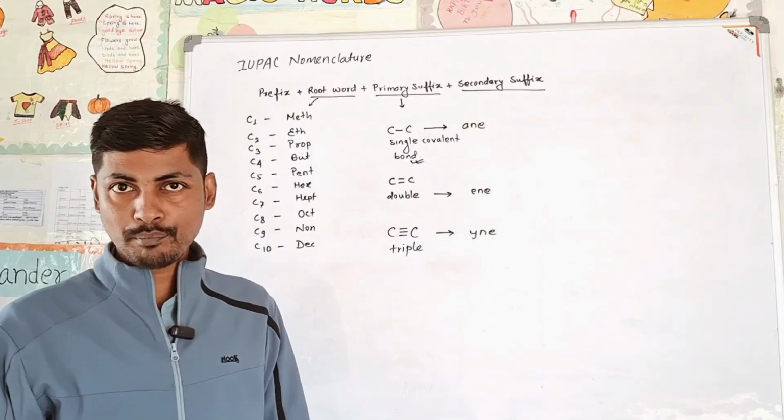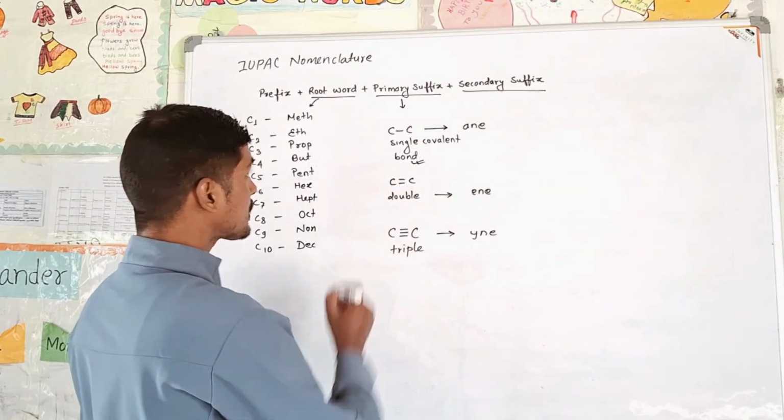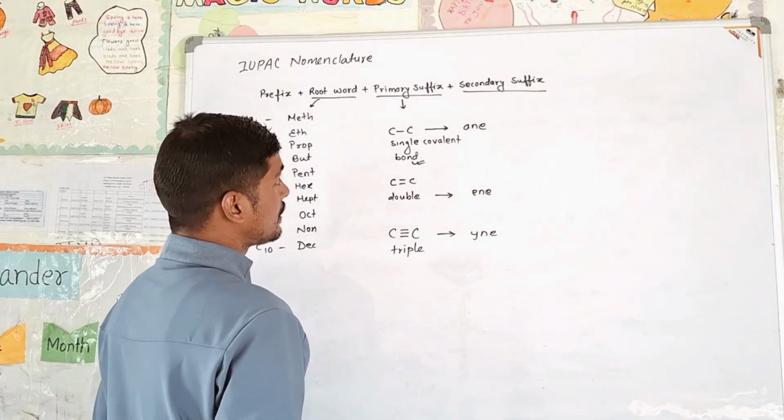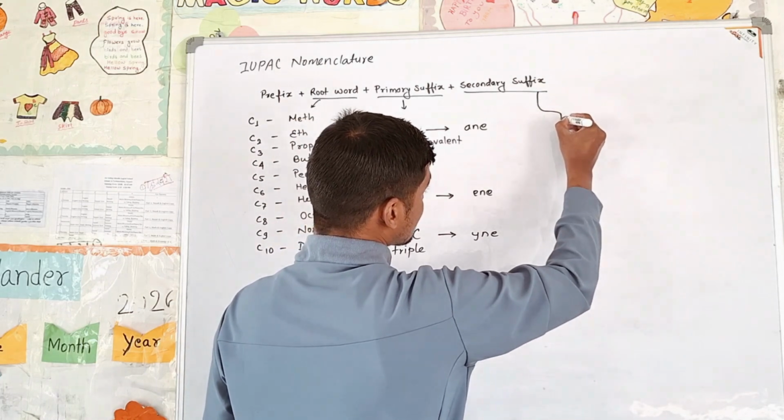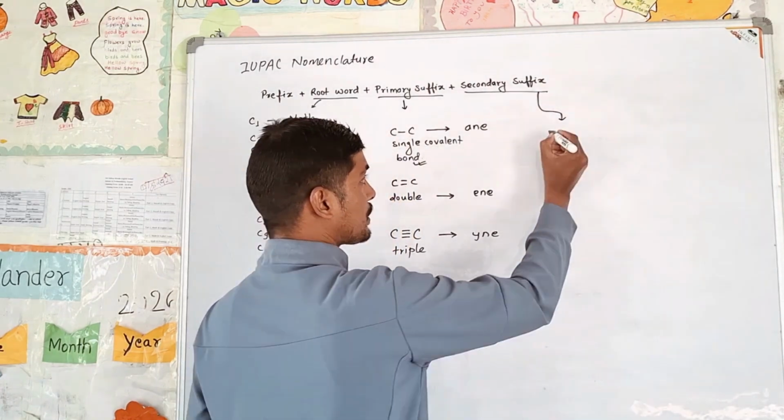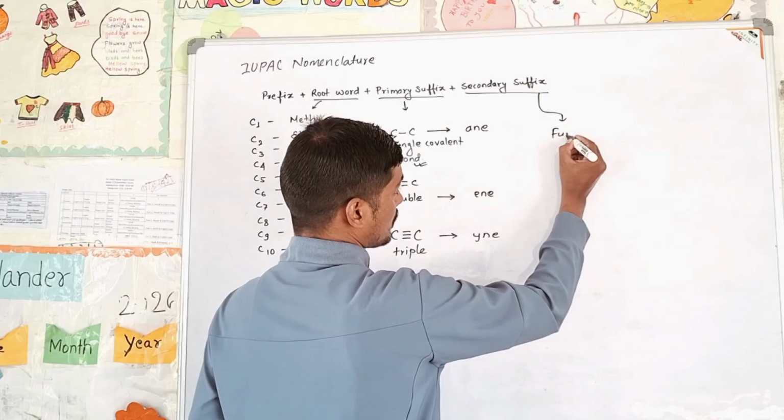These three are the primary suffixes that we must not forget while writing the IUPAC name of any hydrocarbon or any organic compound. After the primary suffix, the next one is the secondary suffix. This secondary suffix depends upon the functional group.